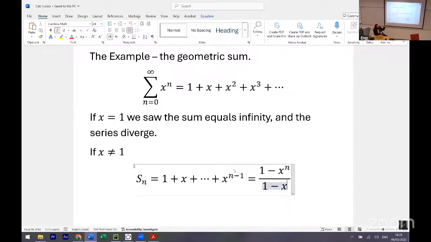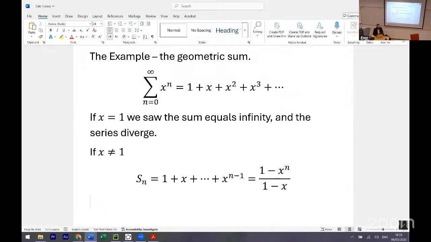How do we prove it? I won't do it, but how do we prove this formula? Induction. Okay, you can do this using induction. I won't do it, I assume you believe it. But the question is, so what is the infinite sum?